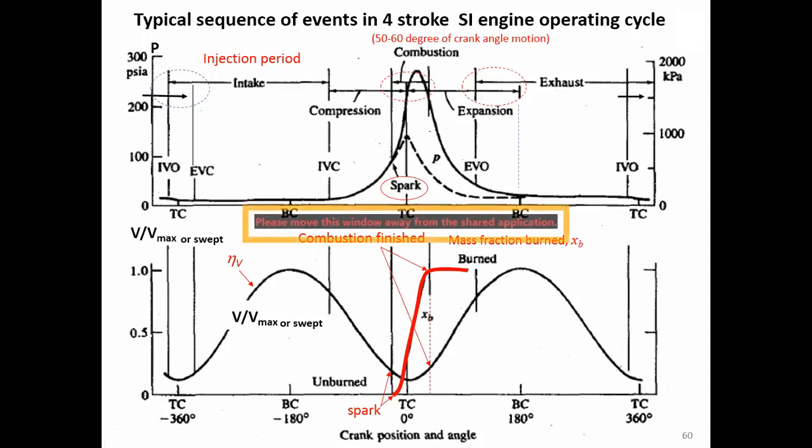So imagine you see the piston moving up close to the top dead center, and then you see the inlet valve open. And when the piston moves up to the top dead center and starts to move down from the top dead center, then you see the exhaust valve close.